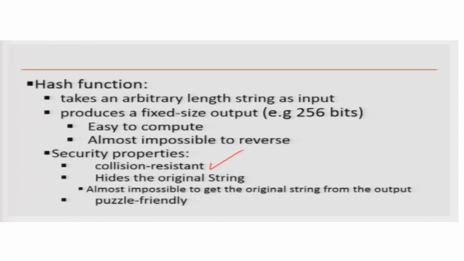So, it hides the original string, and the property of a hash function should be that it is almost impossible to get the original string. And then the third property that is very important for our purpose in blockchain, especially for cryptocurrency type of blockchains, is that it has to be something called puzzle friendly, and we will see what that means very soon.